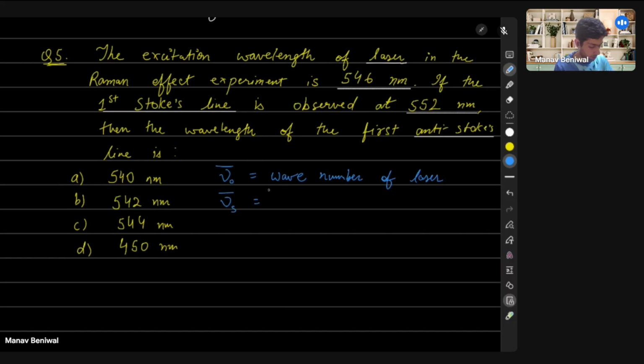This is the wave number of the Stokes line, and this is the wave number of the anti-Stokes line.